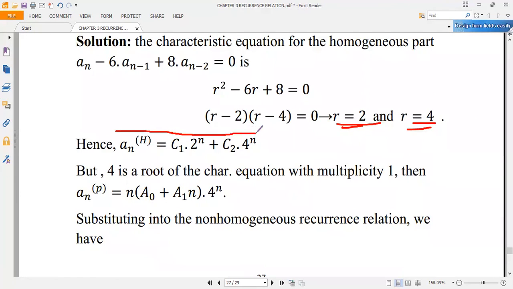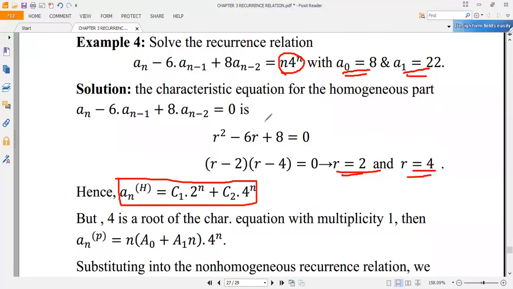Hence, the solution to the homogeneous part becomes c1·2^n plus c2·4^n. Now, to find the solution to the non-homogeneous part, you can see that clearly the base of the exponential part is a root of the characteristic equation of the homogeneous part, with multiplicity 1.